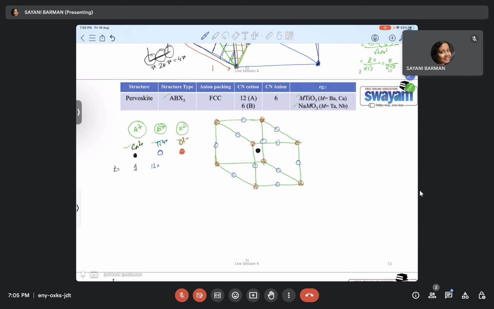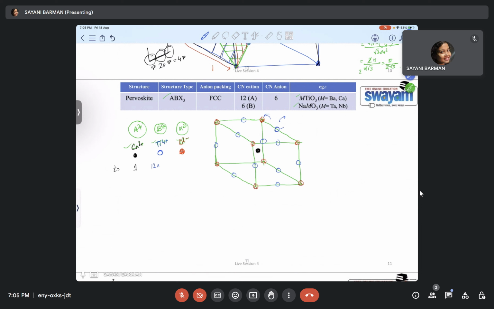So there are 4 lattices, right? If I consider this one, it will be shared by 2 lattices up, up of this green lattice, one on the right, one on the left side, and also two lattices below this point.